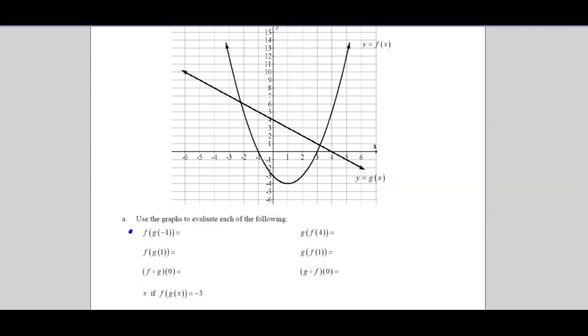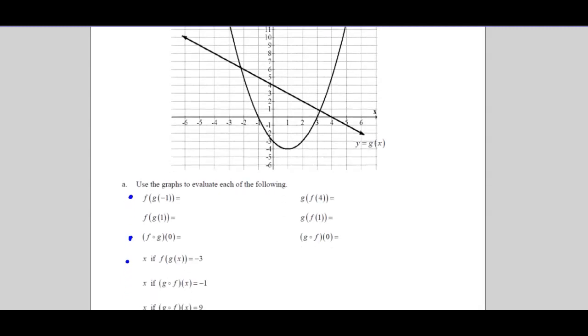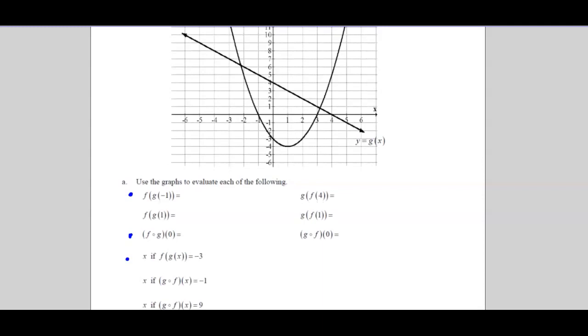I'm going to put some dots here. We're going to do these few, then we're going to talk about domain in composition, just to remind you about that. And then the rest you can work on your own. But take a look at the graph. It's a different graph from the last one we used.